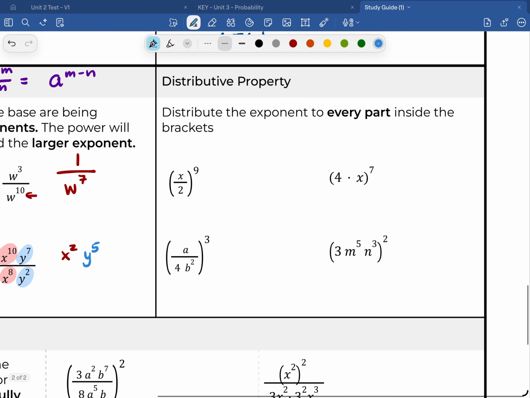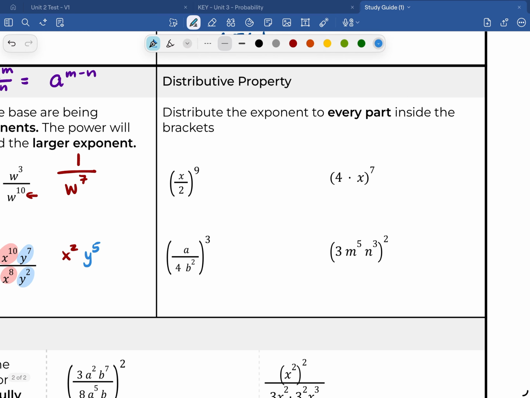Okay. Looking at the distributive property here then, this is the idea of Oprah giving everyone a car. So what we get is our rule for this one, also on our sheet here: if we have A over B with an exponent on the outside, that exponent gets distributed to everything on the inside.